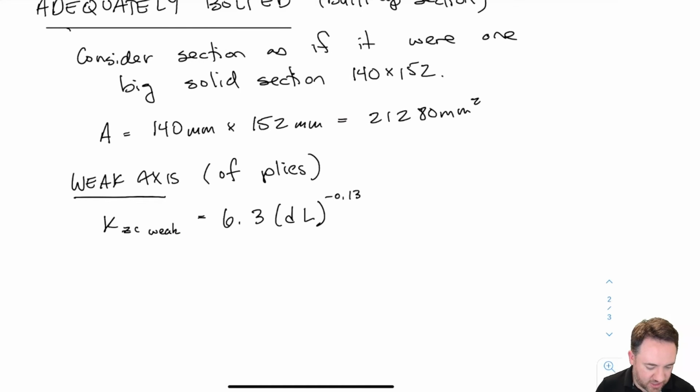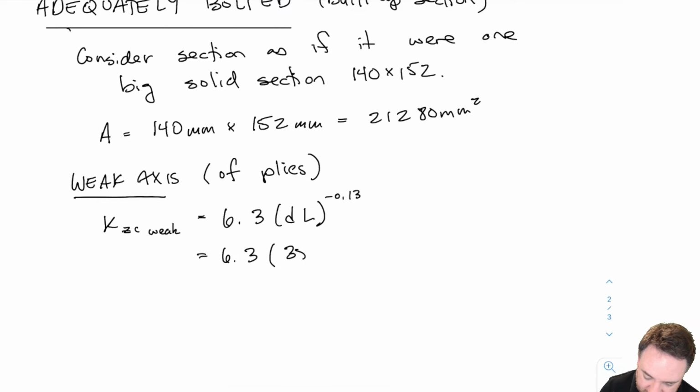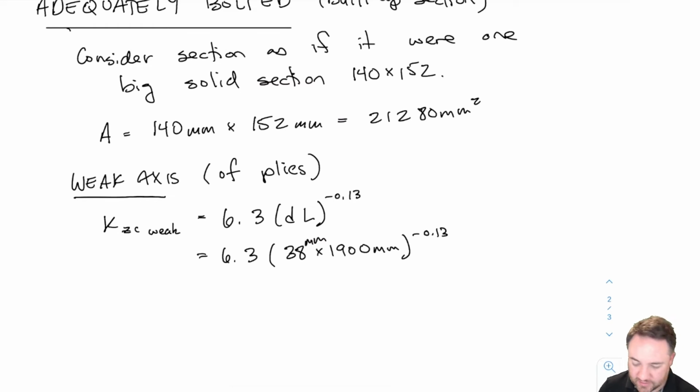So it would actually be conservative to consider a larger size. So that's an approach, but I think it would still be appropriate here to use 6.3 times 38 times our L, which is 1900 millimeters, to the negative 0.13. Okay, because this is the size effect factor for the individual pieces.